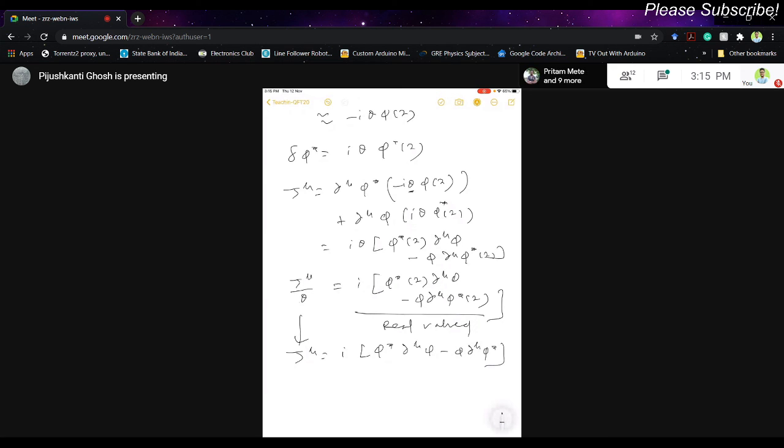Can you recognize this form? Does it look familiar? Sir, this is the current density, the four-vector current, the probability current density when mu is 0, and for mu equal to i, the probability current, right?